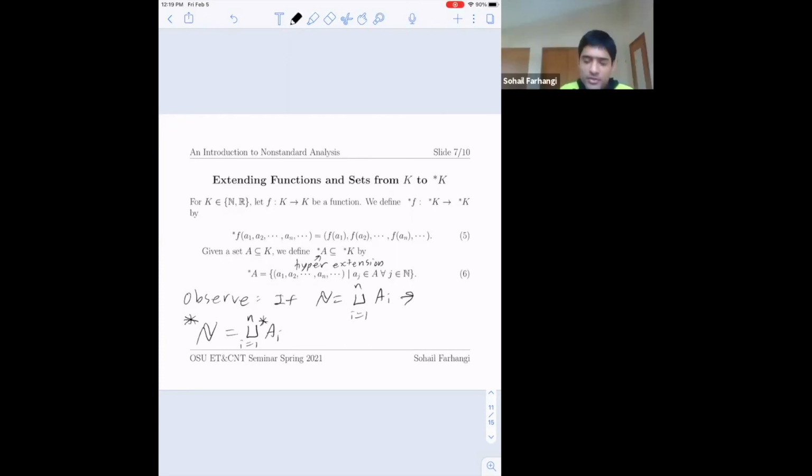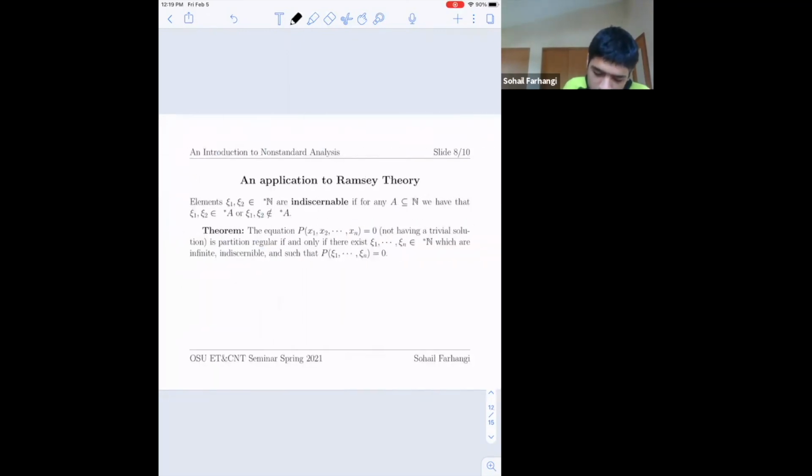I think I'll skip the proof of this one because here is, I guess, maybe the ultimate result that us Ramsey theorists would care about with regards to non-standard analysis. First, two non-standard numbers, they could be standard if you want, are indiscernible if for any set in the underlying space N, both of these numbers are in the hyperextension or neither of them are in the hyperextension.